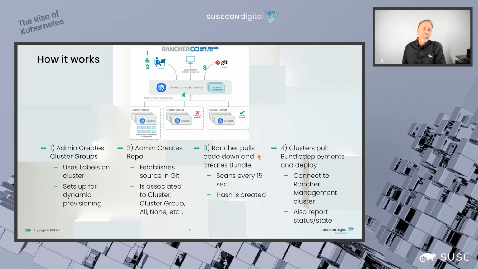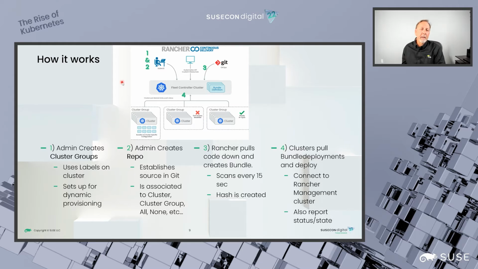So if we were to step through this iteratively, we've got step one, where the administrator creates something called a cluster group. Now, that cluster group is defined by the administrator, stored on the Rancher management cluster, defining some kind of grouping of the clusters below.